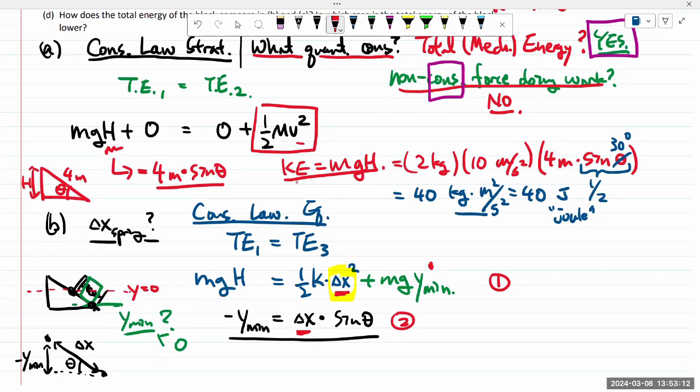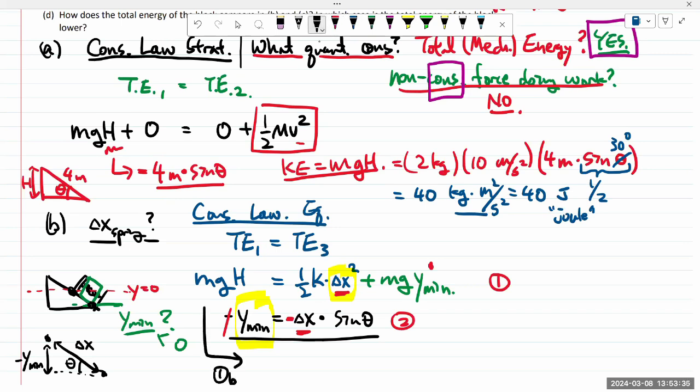Because whatever I'm solving for right now, I'm going to eliminate it. So what I really should do here is solve for y min, plug it in here, and then proceed from there. Solving for y min, I just move this minus sign over by multiplying through by -1. When I plug this in, this is the equation I end up with out of equation 1.